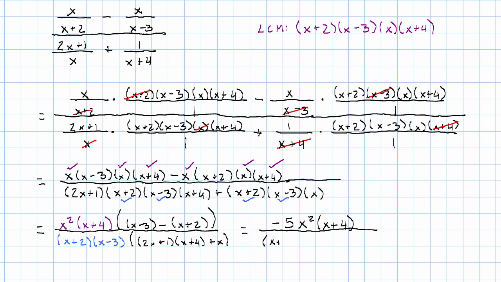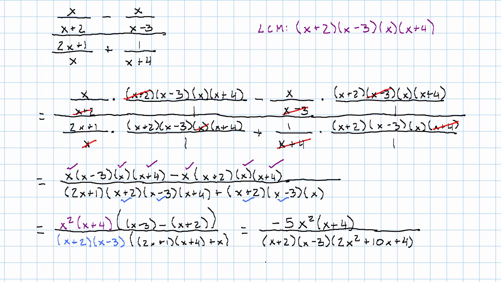So our denominator will just have x plus 2, x minus 3 times two x squared plus 10x plus 4, which we noticed before doesn't factor unless you count pulling out the 2, which isn't going to be interesting to us here. So we got the same result either way.